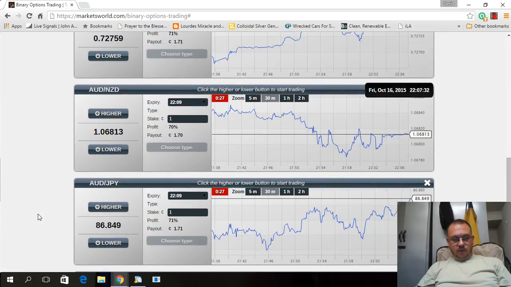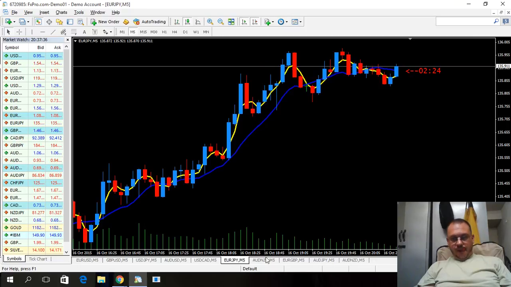Let's see if that one wins. Of course, that is not optimal, but there's not a whole lot of space there. But it dipped down and came back up, so there is an upwards trend developing right now.